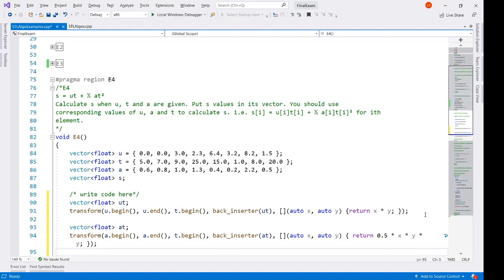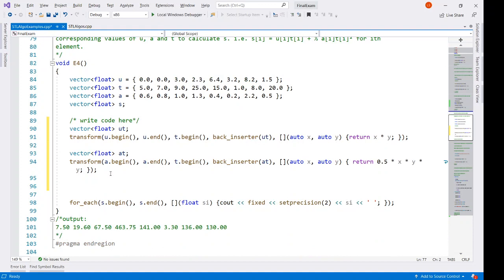Now again we need to add these two vectors that we have got, ut and at vectors, and then that will be our s vector. So we will apply yet another transform.